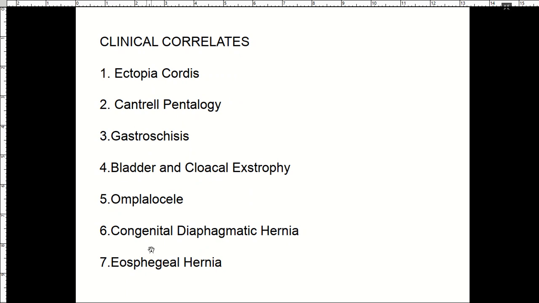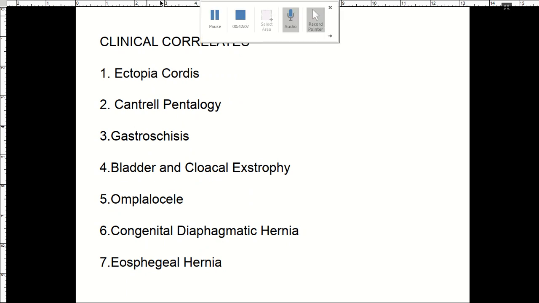So failure of the closing of these pleuroperitoneal membranes is going to cause communication of the peritoneal cavity with the pleural cavity.